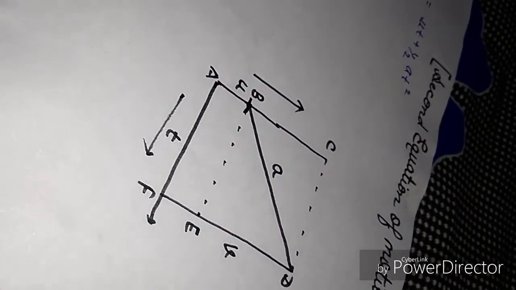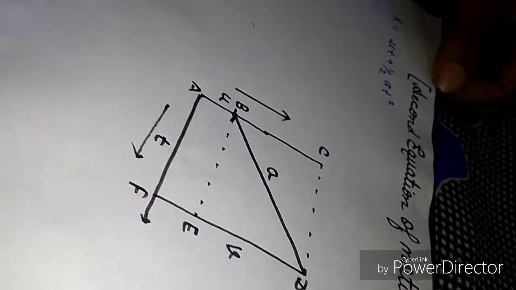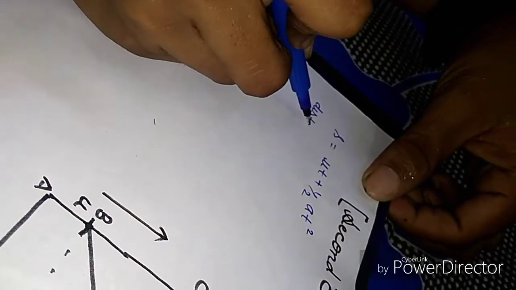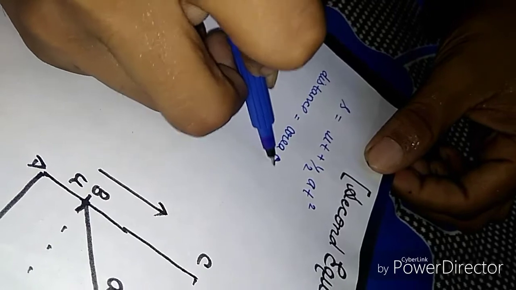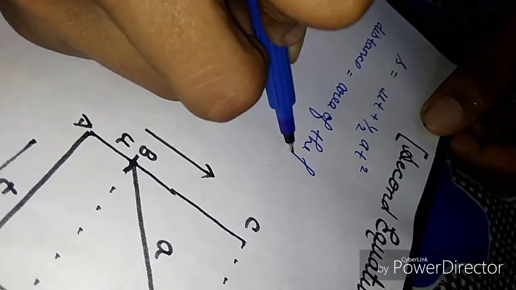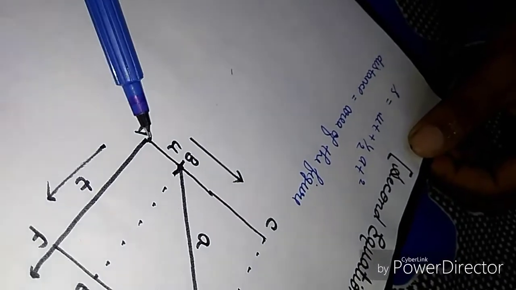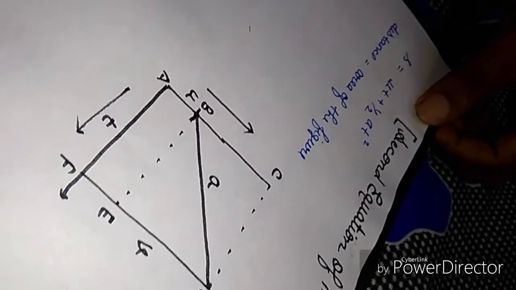We know that the distance traveled by the body is equal to the area of the graph. Distance is equal to the area of the figure. Look at the figure ABDF.